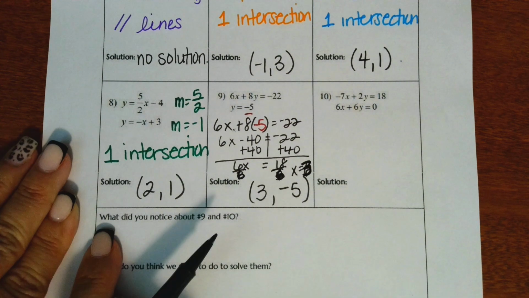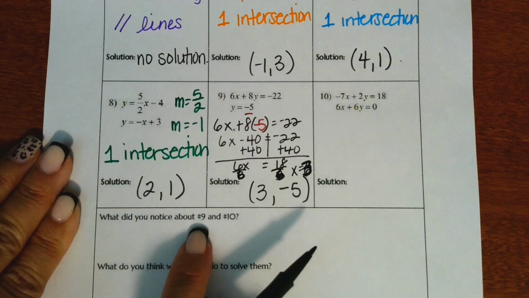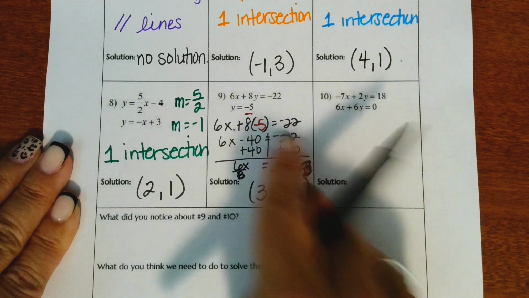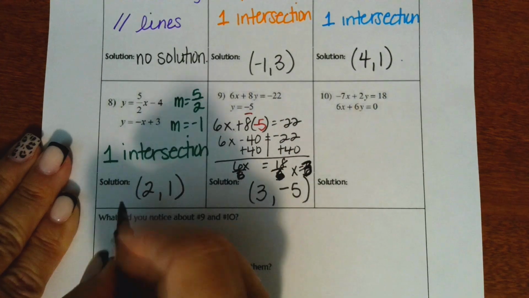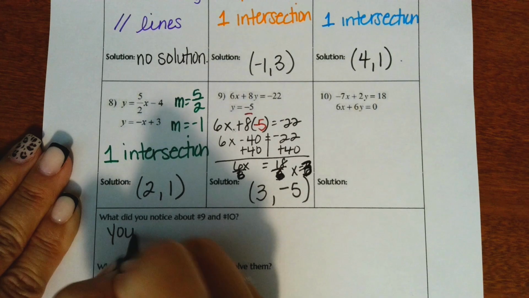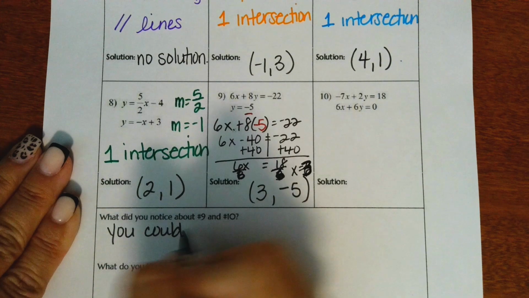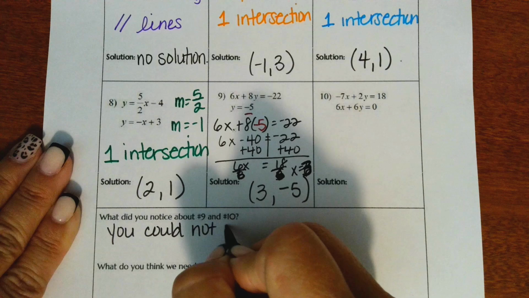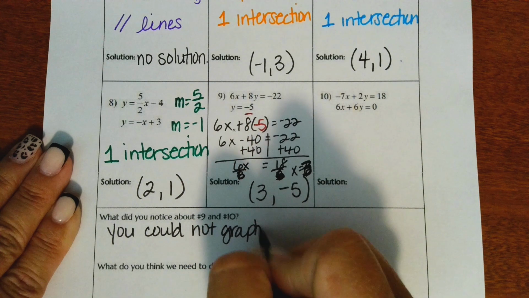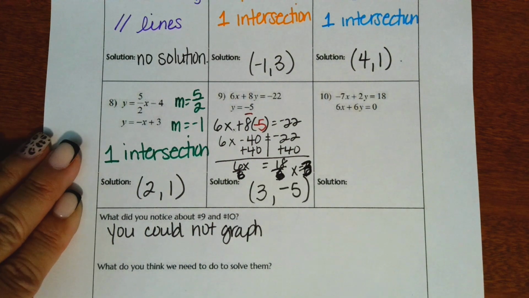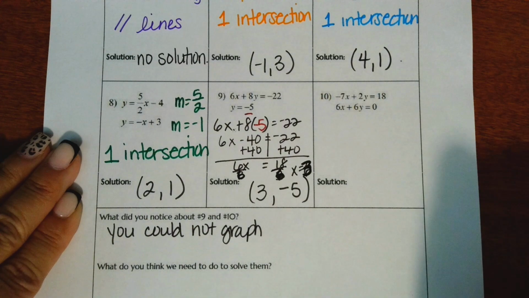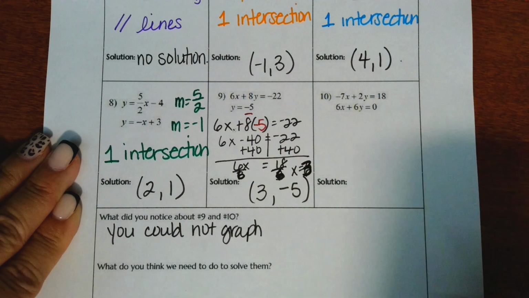That's one of the questions they're asking you down here. What did you notice about 9 and 10? Well, 9 and 10, you could not graph. You just can't graph equations that are set up like that in standard form.